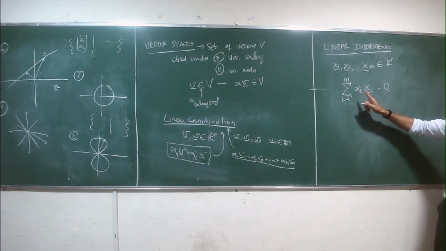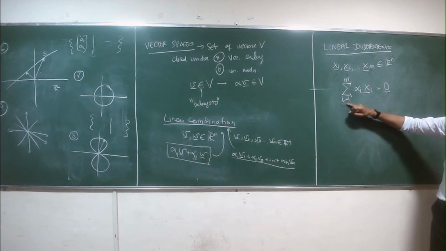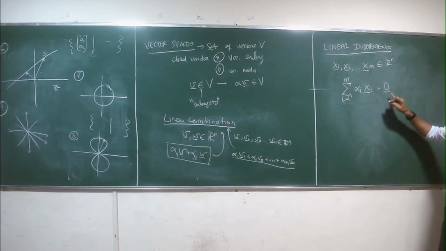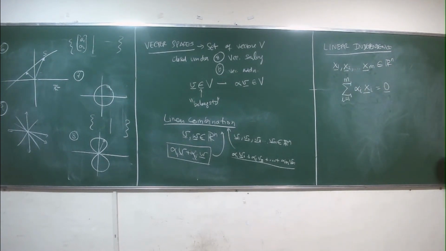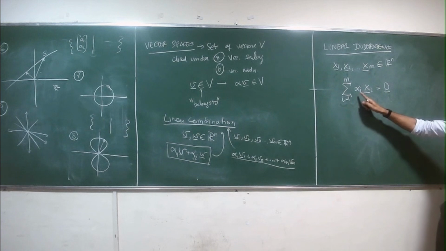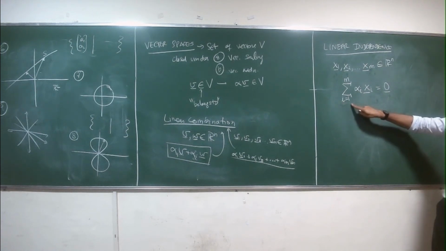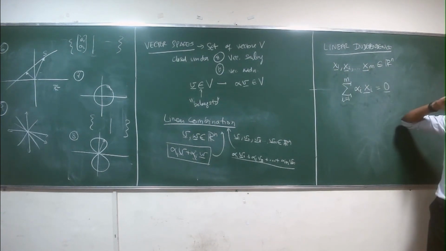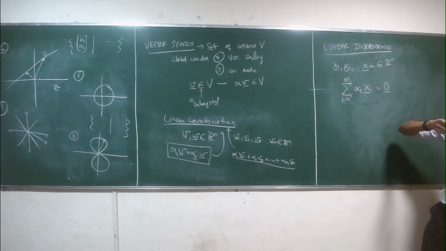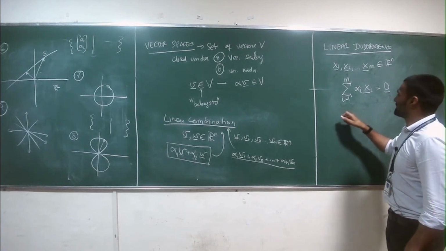If there is any non-zero alpha i such that this linear combination gives you zero, then this set of vectors is not linearly independent, it's linearly dependent. But if the only set of alphas for which this linear combination is zero is if all alpha i's are zero, then you say that this set is linearly independent. We'll look at some examples first.